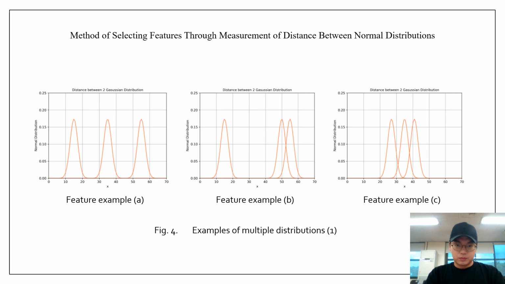Figure 4C is the worst case among the three examples. In this case, the feature is not suitable to use.